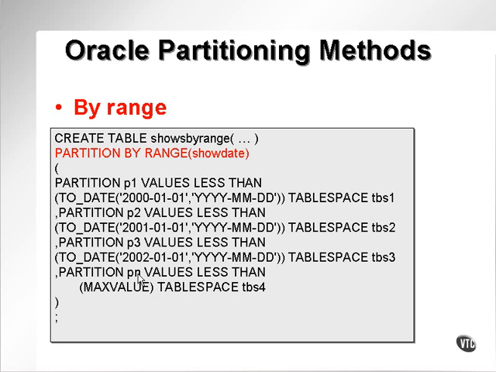In that case I've called it partition N for any number, and I've labeled that as table space 4. The last partition takes all values greater than, in this case, the third partition and up to maximum values.